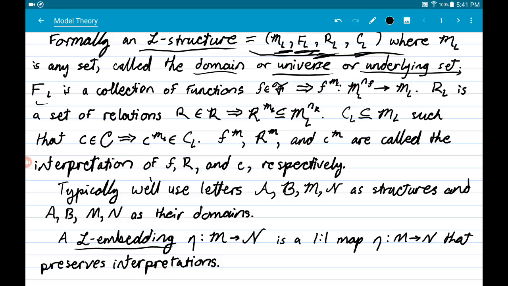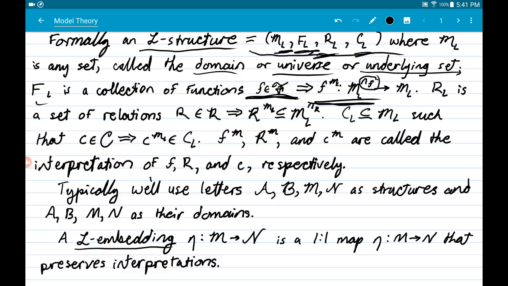FL is a collection of functions, namely, for every dead symbol in the language, we associate with it a function. Now the symbol has a certain number of arguments that it can take, and that's the number of products that we have to take of the domain with itself, so that we get an appropriately sized tuple that can then map, right? If it's a function on n arguments, then we need to give it an n-tuple as its argument.